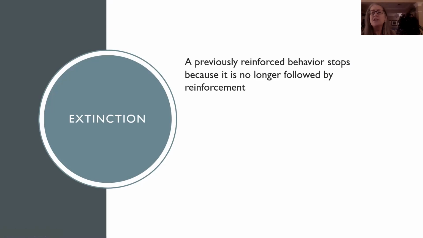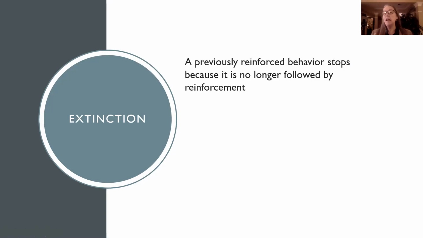You probably already know what extinction is because we talked about extinction with classical conditioning. In classical conditioning, extinction is when the CS stops being presented with the US, and eventually the CS will no longer lead to the CR. In operant conditioning, the association is between the behavior and the reinforcement. So extinction occurs when the reinforcer does not occur after the behavior over and over and over.